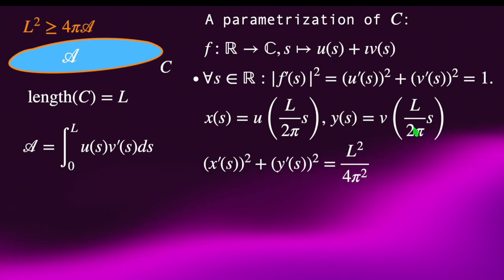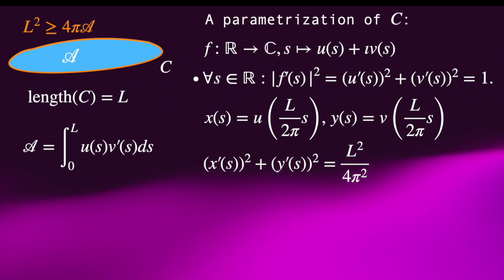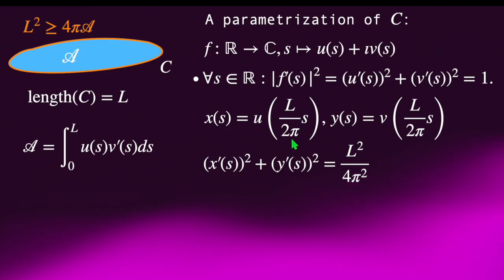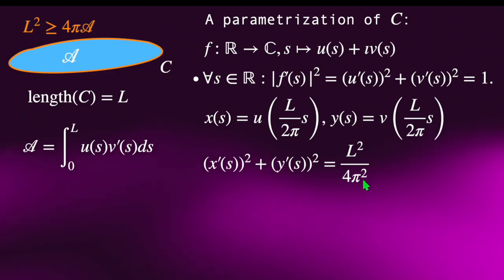We introduce this new parametrization of our curve in order to make things easier. So from this relation we can see that x prime s is equal to L over 2 pi u prime, and if we take the square, we factor by L square over 4 pi square.